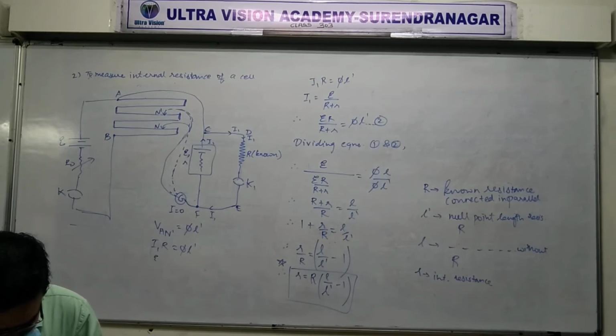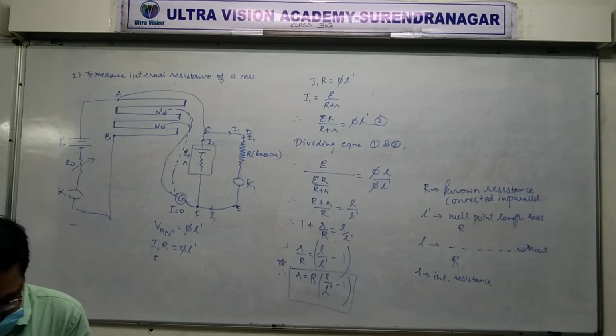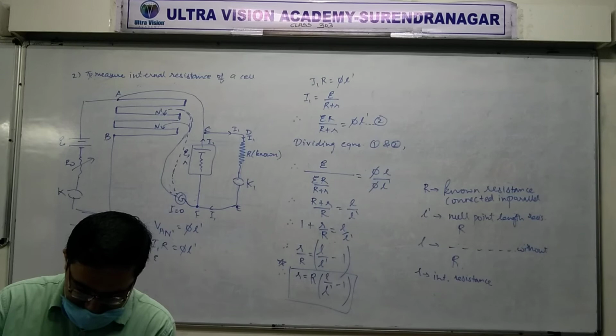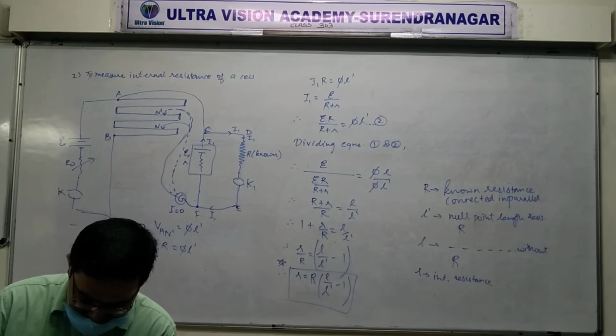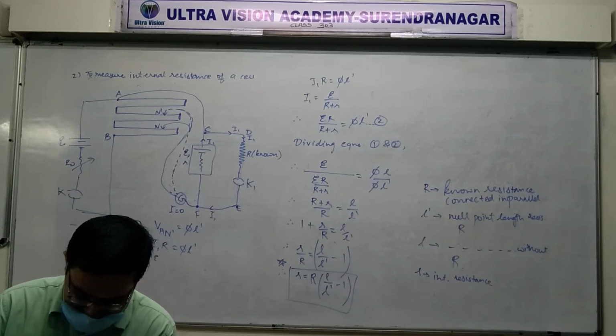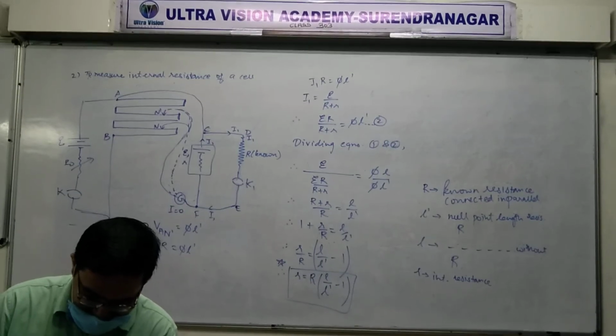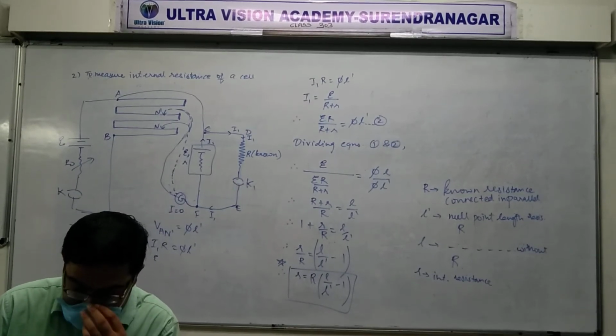Okay, question 12. These were very easy questions, do them quickly. In a potentiometer arrangement, question 12 from the exercise: a cell of EMF 1.25 volt gives a balance point at 35 centimeter length of wire.